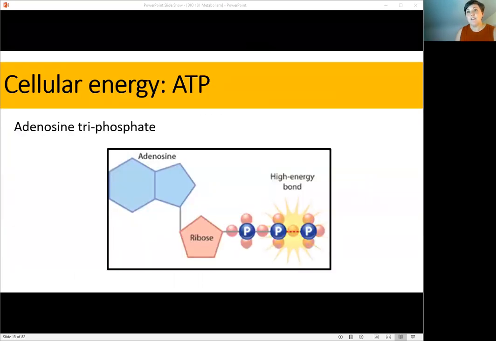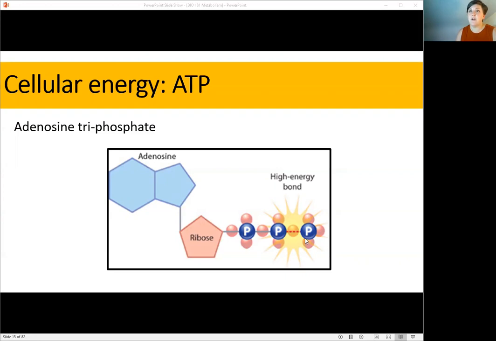First, it is important to understand what ATP is. Recall that when we talk about energy in this class, we are often referring to energy in the form of electrons stored in chemical bonds. ATP is a molecule composed of adenosine, a nucleotide, bound to a sugar called ribose, which is bound to a series of phosphate functional groups.